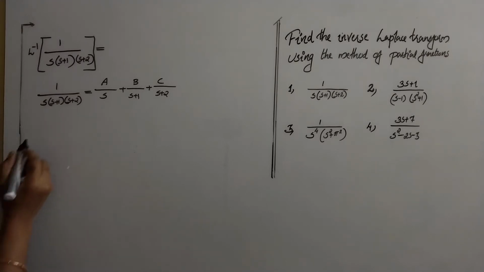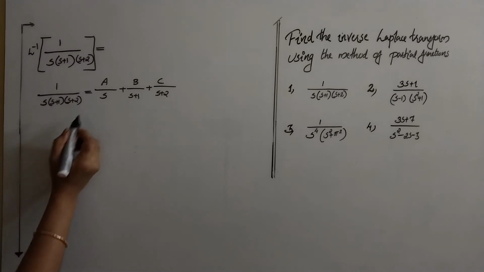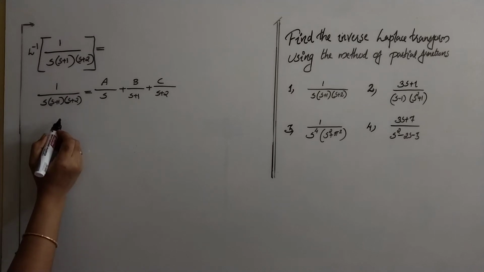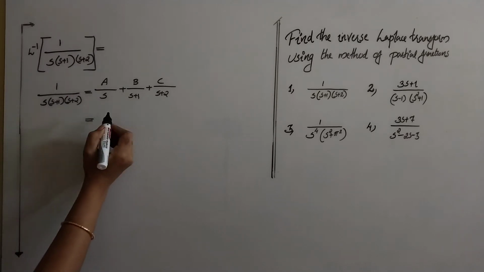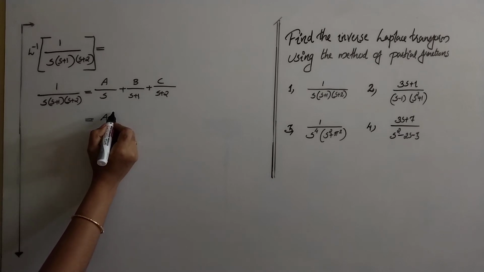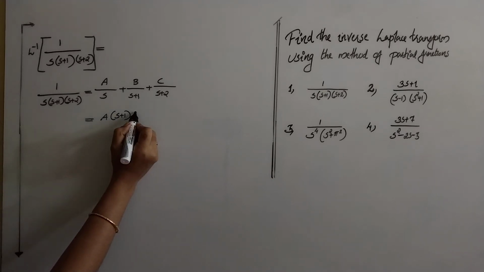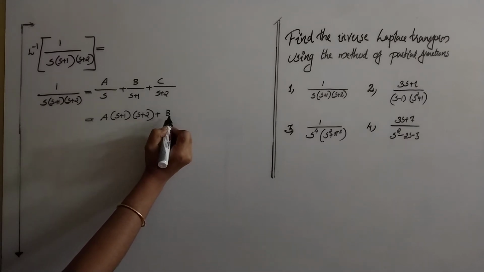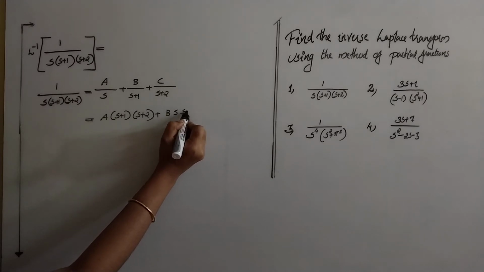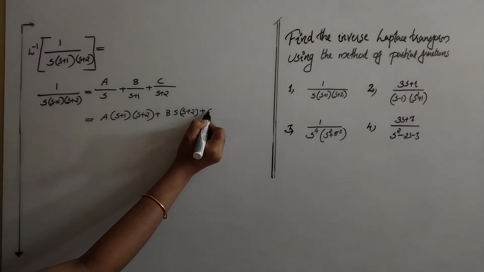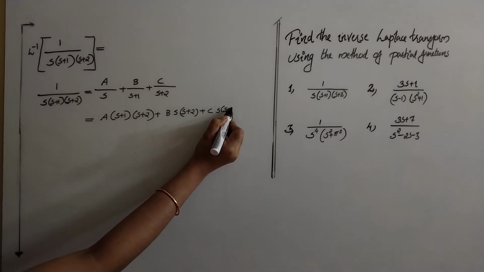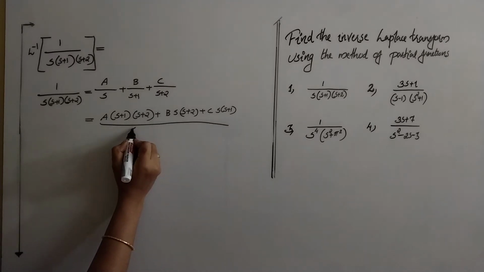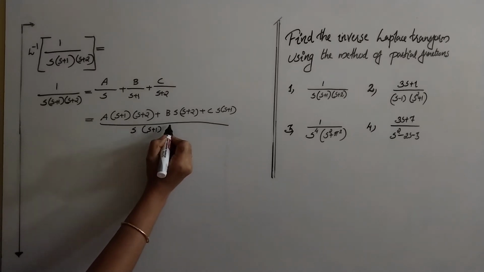Now to equate the numerator, how can we equate the numerator? If the denominators are the same, we can equate the numerator. That's why I'm just cross multiplying. That is a into s plus 1 into s plus 2 plus b into s into s plus 2 plus c into s into s plus 1, the whole divided by s into s plus 1 into s plus 2.